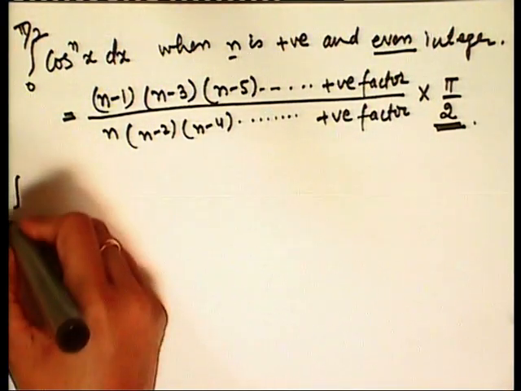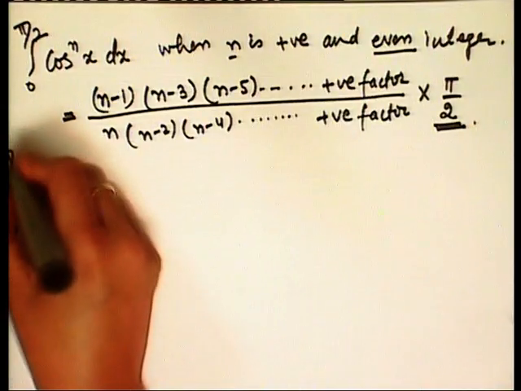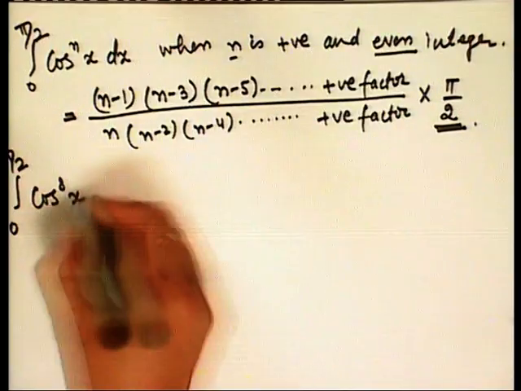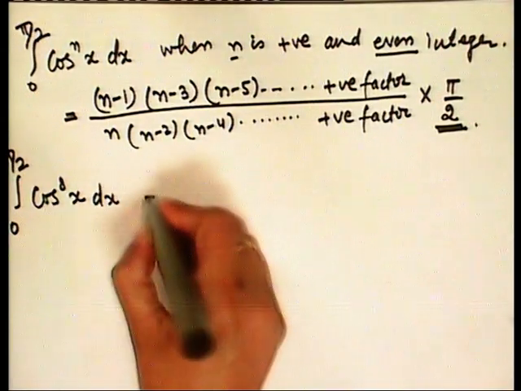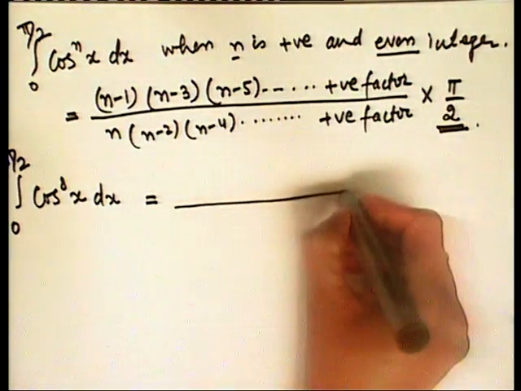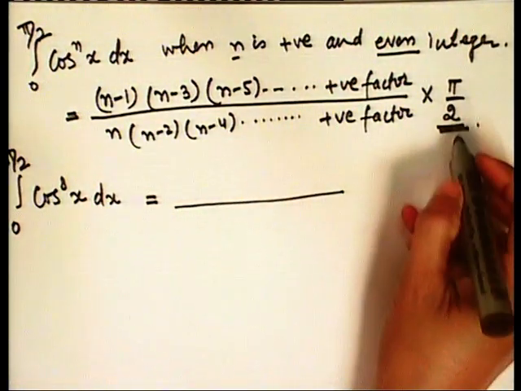When n is an even number, integral from 0 to pi by 2 of cos 8x dx. Now because n is even, we multiply by pi by 2.